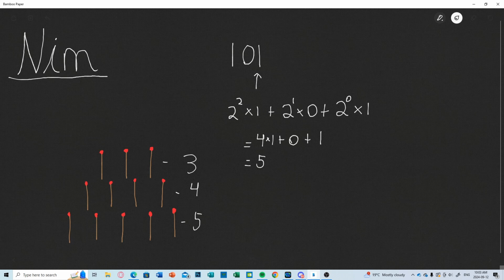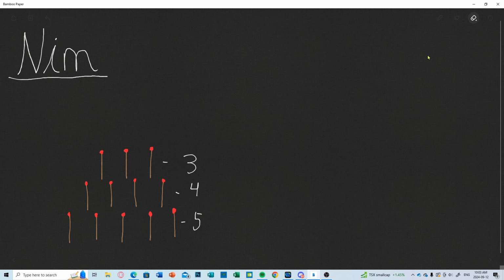Now if we look at our example here of a row with 3 matches, a row with 4 matches, and a row with 5 matches, our first goal is putting all those numbers into binary. We go right to left from small numbers. We have 2 to the power of 0, which is 1, 2 to the power 1 is 2, and 2 to the power 2 is 4.